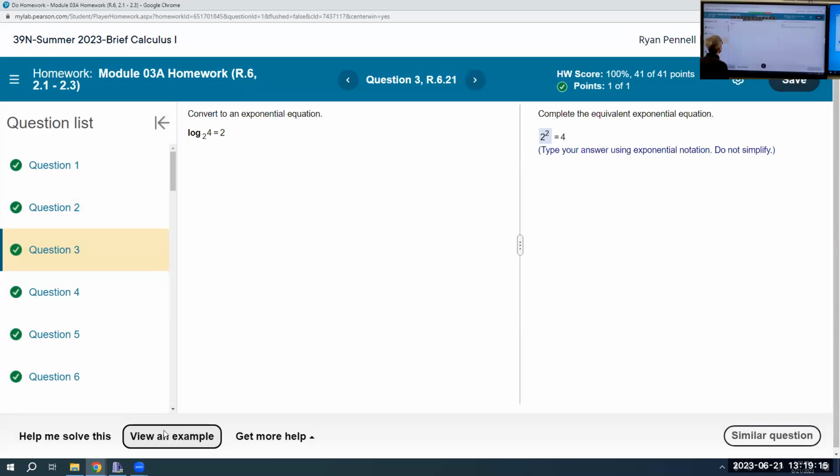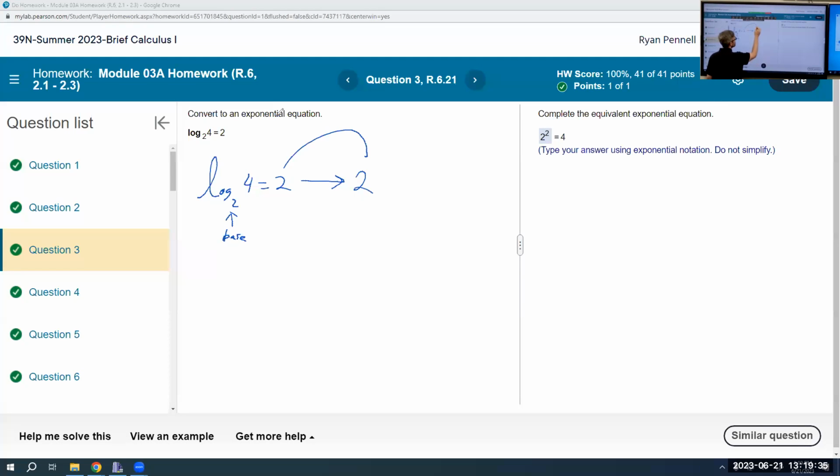Let's keep going. Convert to exponential, going the other way. Let's see what happens. So we have log base 2 of 4 equals 2. What does the statement mean? This is your base. 2 to the 2 equals 4.